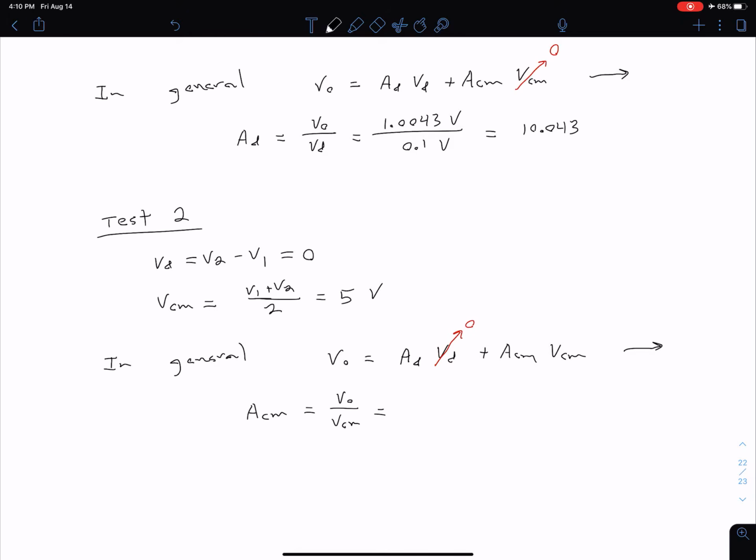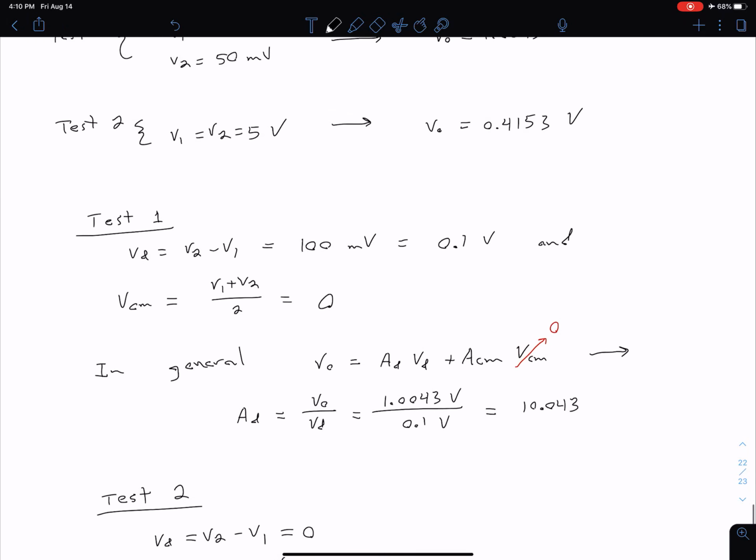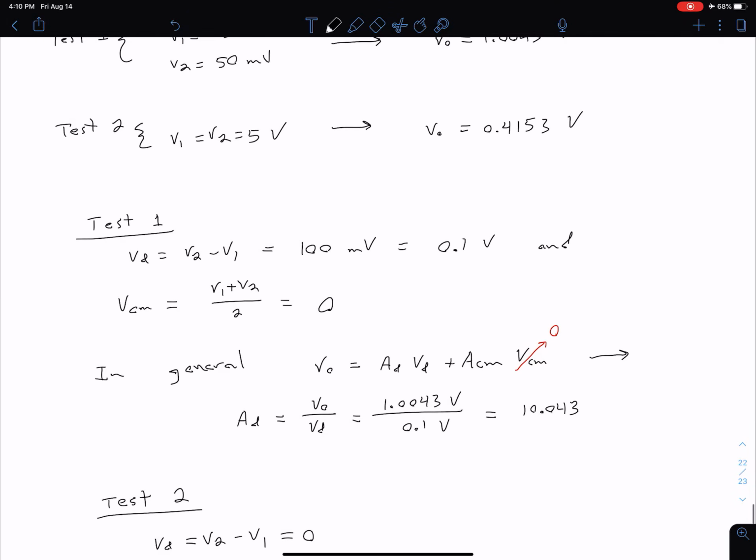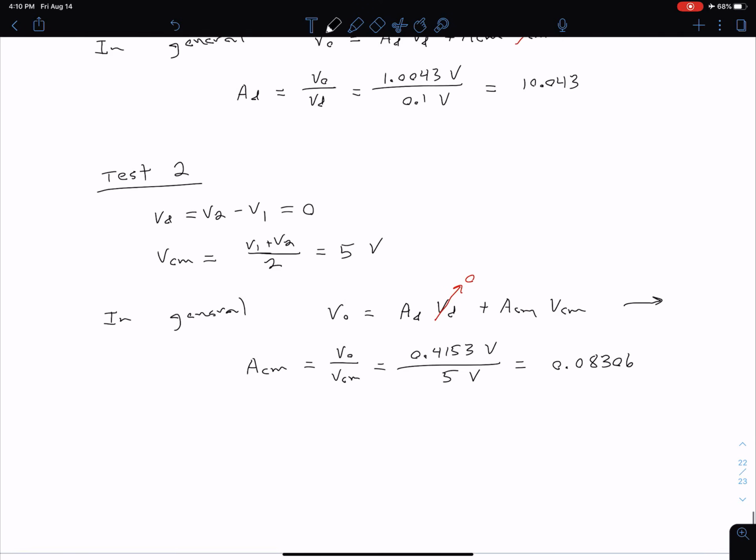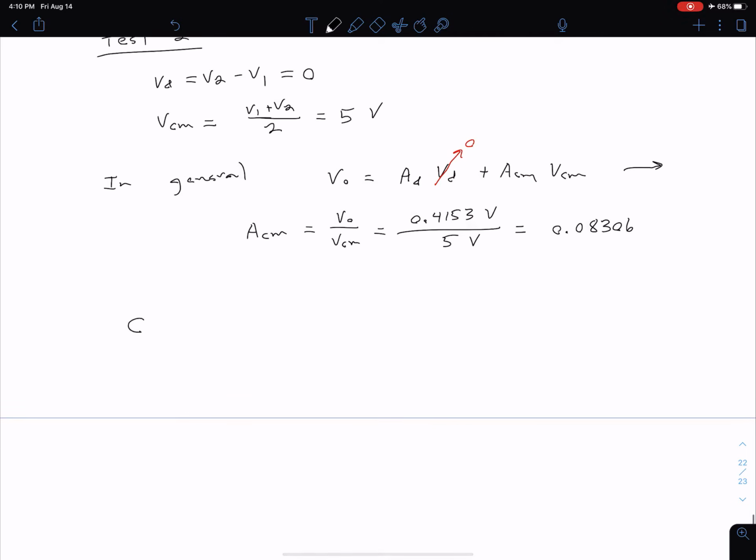Coming back up here, for test 2 our output was 0.4153 volts, and our common mode voltage we calculated to be 5 volts. So we see that our common mode gain is 0.08306.